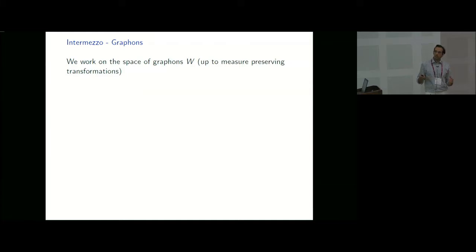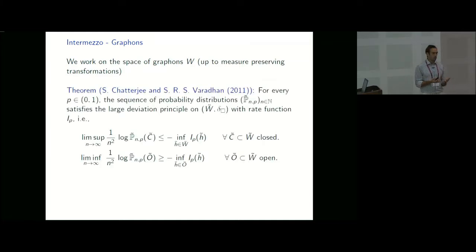Varadhan and Chatterjee proved this theorem in 2011, the large deviation principle on this space. And here you'll immediately see the emergence of some tildes. Don't bother about this. This is just a technical adjustment to take care of isomorphisms of all these quantities.